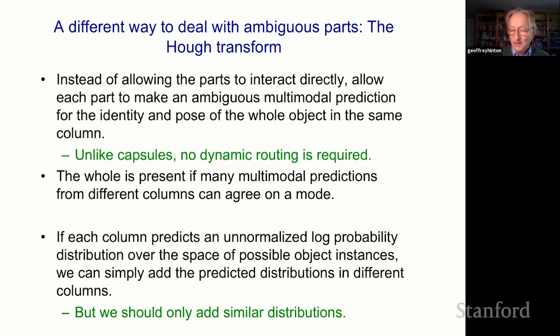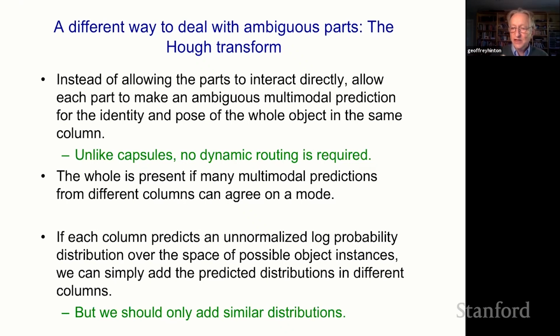And the big problem is that if I see a circle, it might be a left eye, it might be a right eye, it might be a front wheel of a car, it might be the back wheel of a car. Because my embedding for a particular patch at a particular level has to be able to represent anything, when I get an ambiguous thing, I have to deal with all these possibilities of what whole it might be part of.